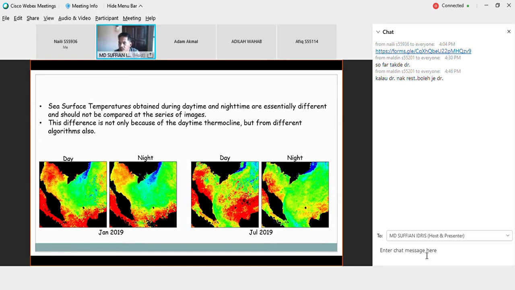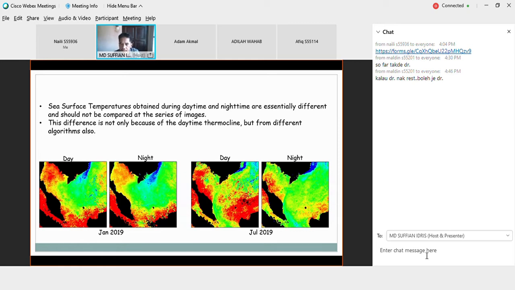So contoh kalau you nak study ataupun you nak remove the diurnal temperature, kadang-kadang diurnal gradient during morning and afternoon pun kadang-kadang sampai 2 or 3 degree Celsius. Perbezaan kalau you ukur pada waktu pagi, dia lebih sejuk lebih kurang 2 ataupun 3 degree Celsius berbanding pada waktu tengah hari.